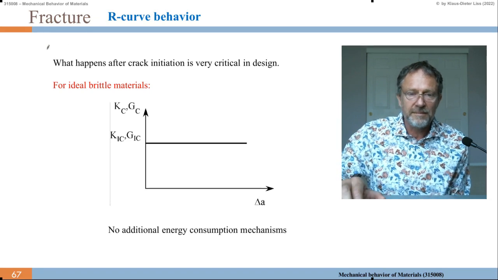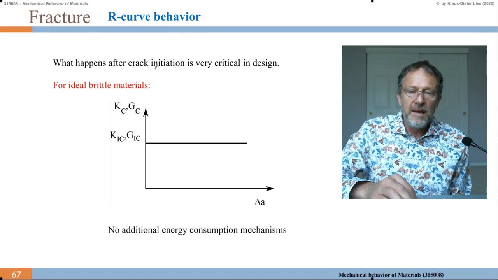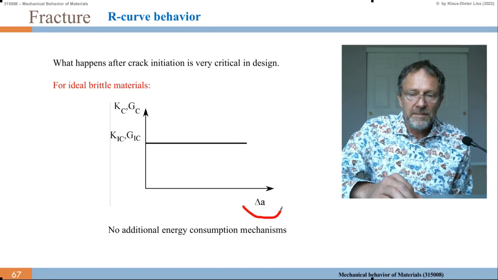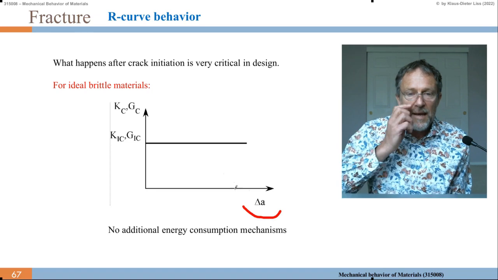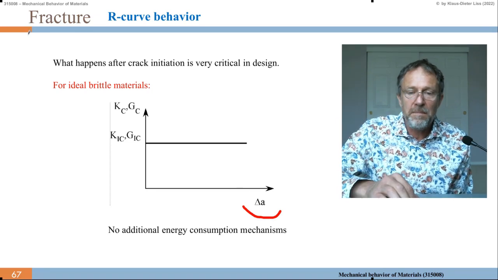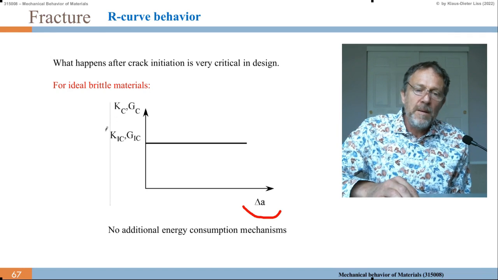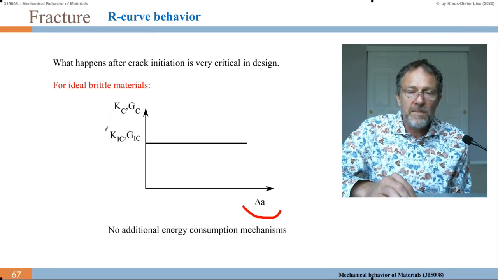So what happens as a function of delta A, or crack propagation, for ideal brittle materials? In ceramics and glass, we have the K1C or the G1C.